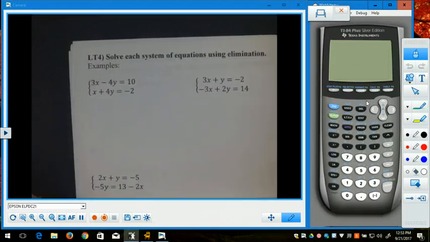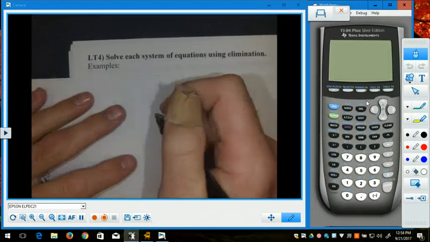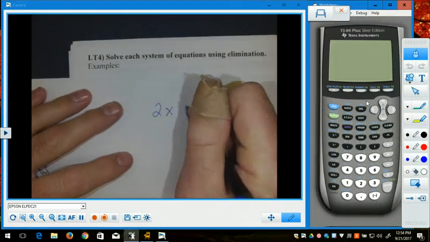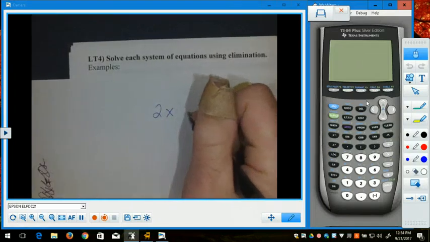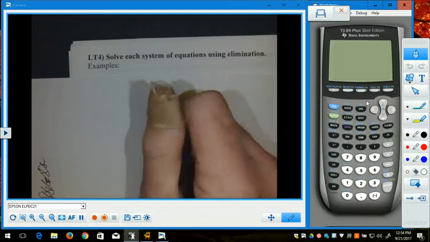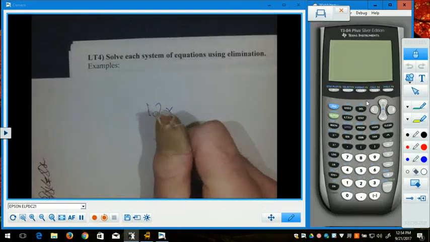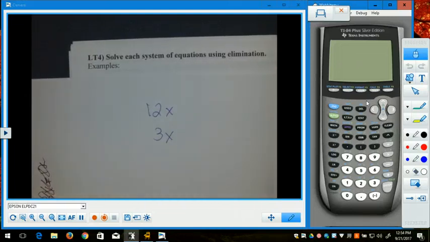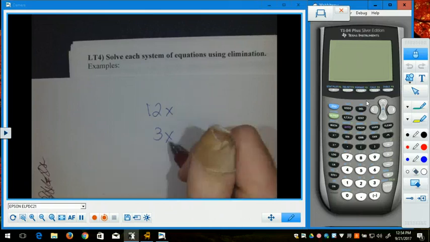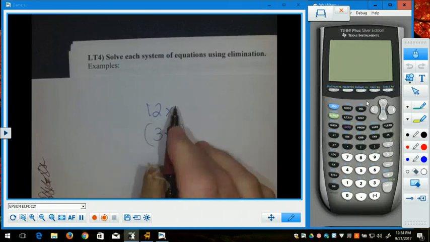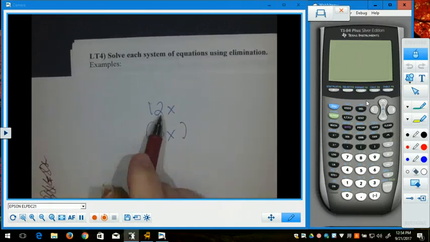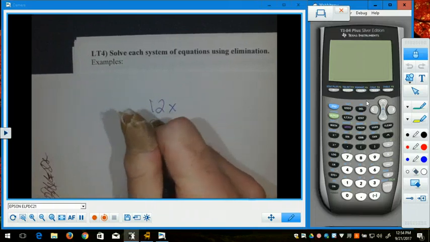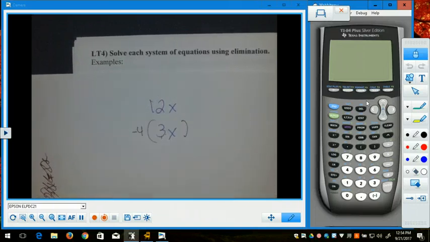Before we jump into this, I want to look at if I had an expression of 12x and my other one was 3x, what would I need to multiply this expression by to make these opposites? I'd have to multiply by negative 4.